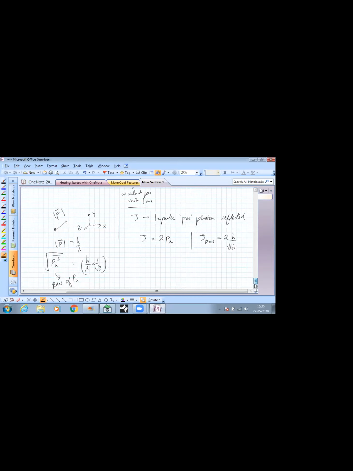Okay. So now the average force should become photon flux into average momentum transferred, or average impulse per photon. So this was dq by dt divided by hc by lambda, and this was 2 times h by lambda by root 3. So that is why your lambda factor doesn't matter.